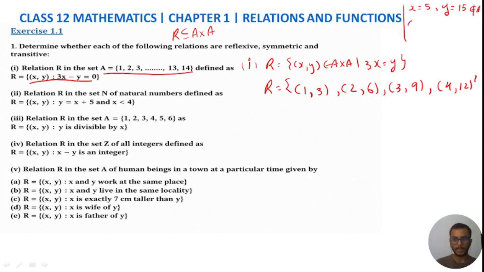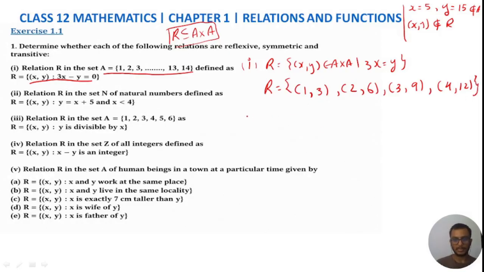So my (x, y) will not be in R. Why? Because we know R is a subset of A cross A, and as my y is not in A, my (x, y) can't be in R. So these are the elements of my relation R.